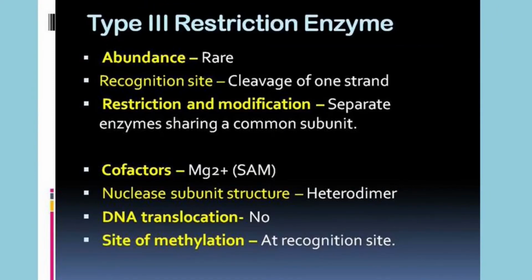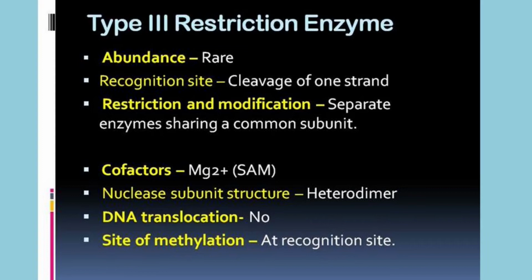In the type 3 restriction enzymes, the abundance is rare and the recognition site involves cleavage of one strand. Restriction and modification are separate enzymes sharing a common subunit. Type 3 restriction enzymes recognize two separate non-palindromic sequences that are inversely oriented.